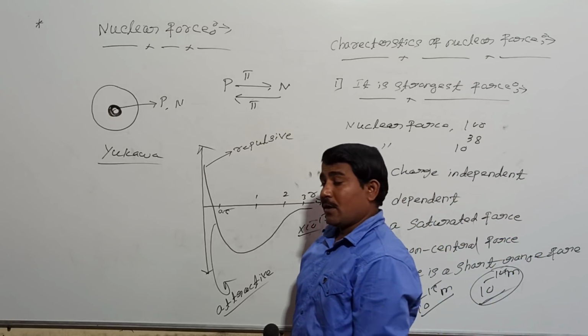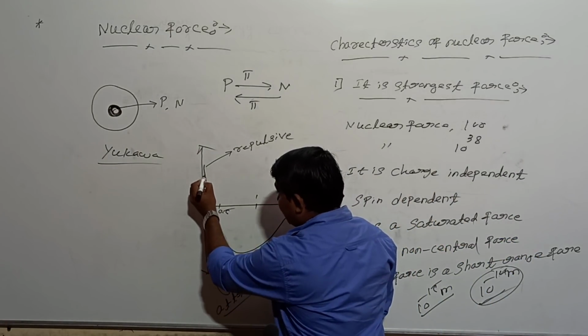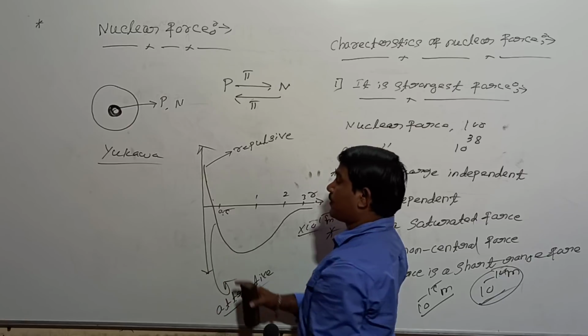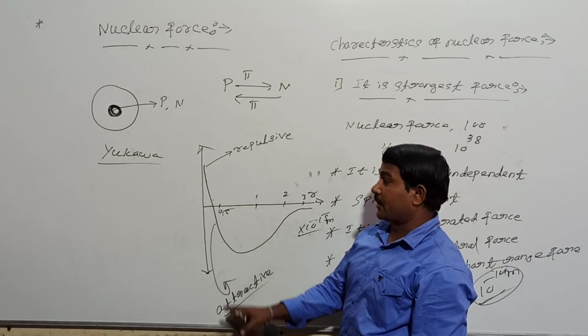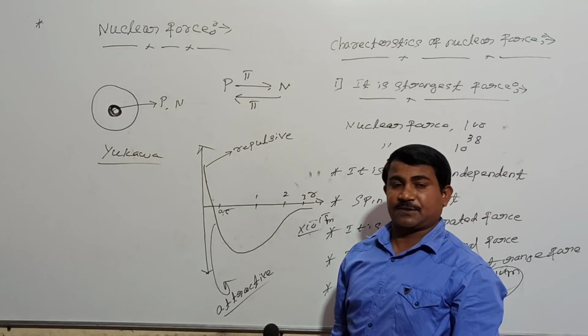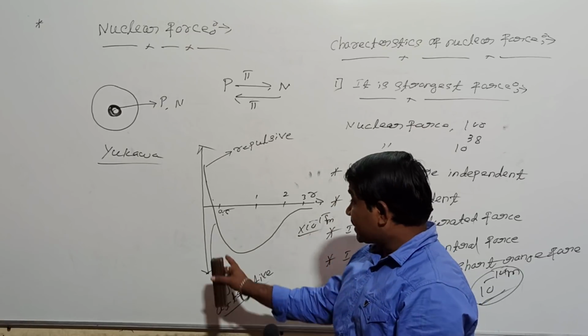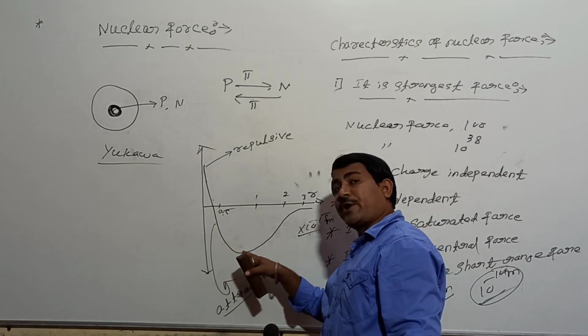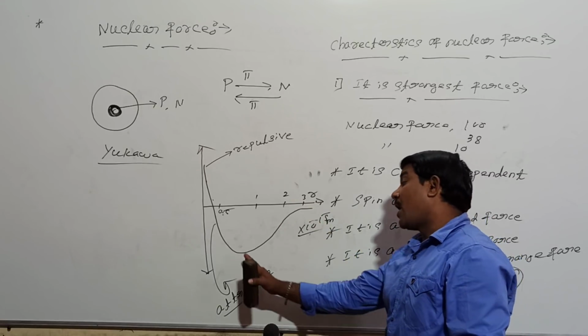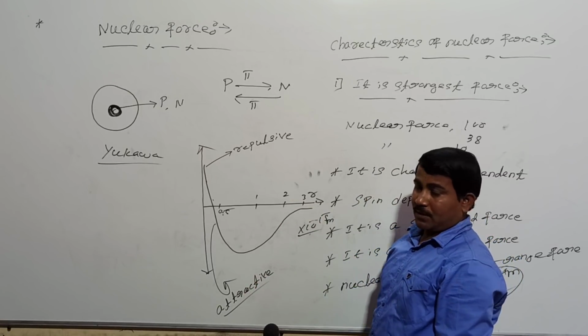What we said: if the distance is less than 0.5 into 10 raised to minus 15 meter, repulsive force arises. And if the distance is greater than 0.5 into 10 raised to minus 15 meter, attractive force arises.